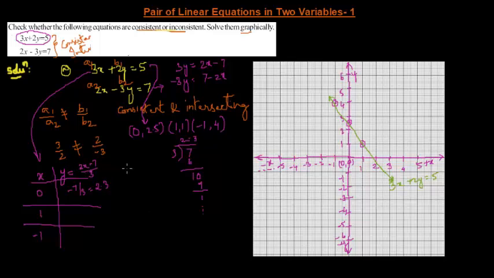Now let us take x is equal to 1. What I get? 2 into 1 is 2 minus 7 divided by 3. 2 minus 7 is minus 5 divided by 3. Minus 5 by 3.